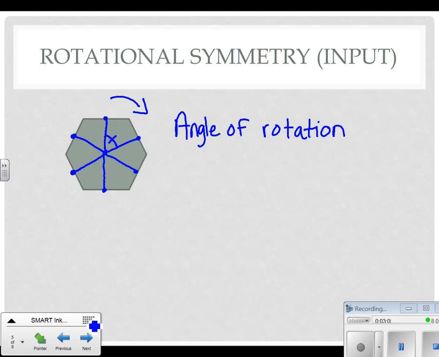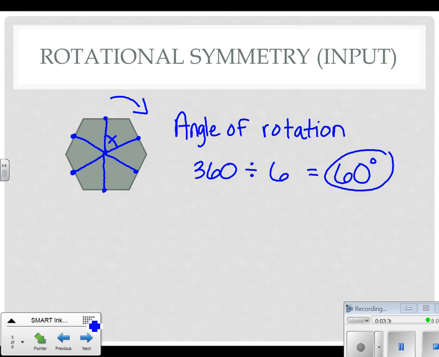So how many degrees is it going to take to turn this going clockwise so that the image appears the same way it does right now? You take a full circle, which is 360 degrees, you divide it by how many angles there are inside after you draw the lines, and we count the number of angles inside. We see 6, so once we divide by 6, we get 60 degrees. That would be the angle of rotation.